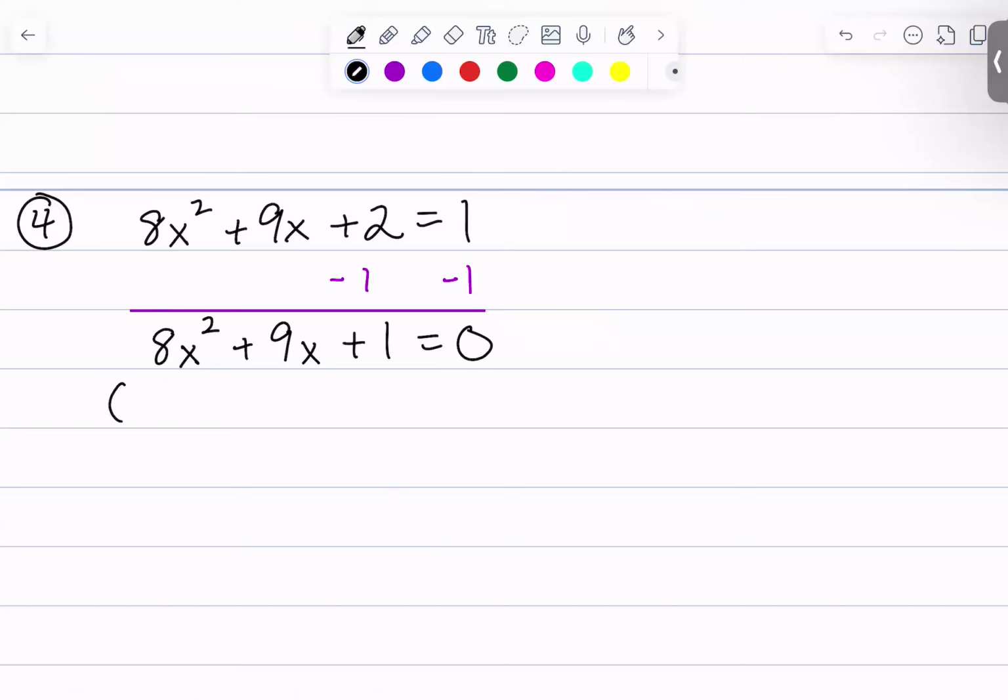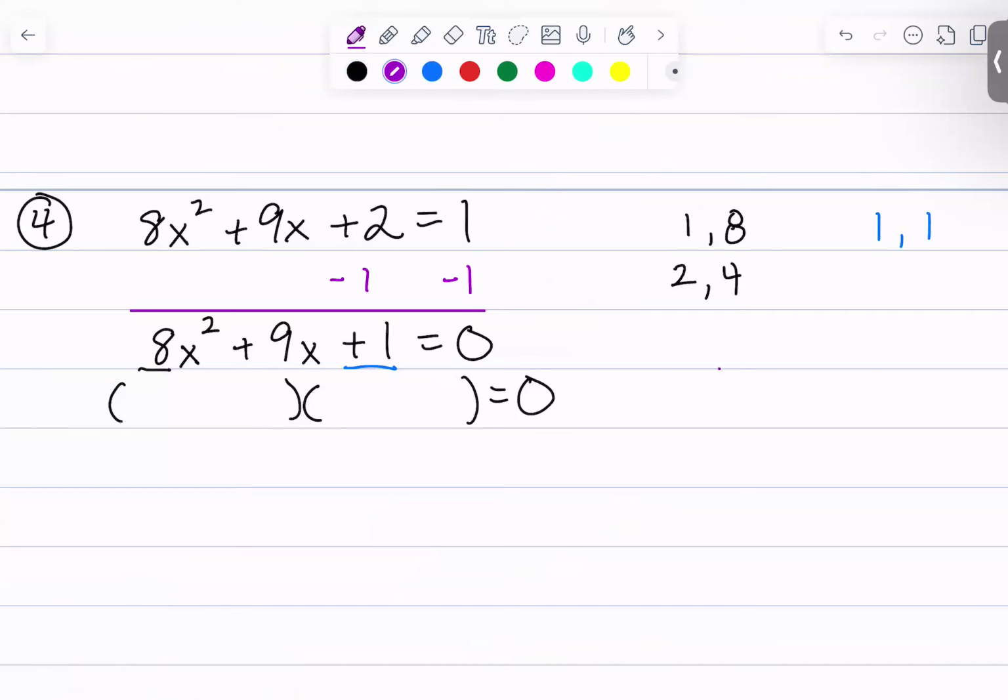So I'm going to try and factor this again. Multiples of 8 are 1 and 8, and 2 and 4. Multiples of 1 would be 1 and 1.